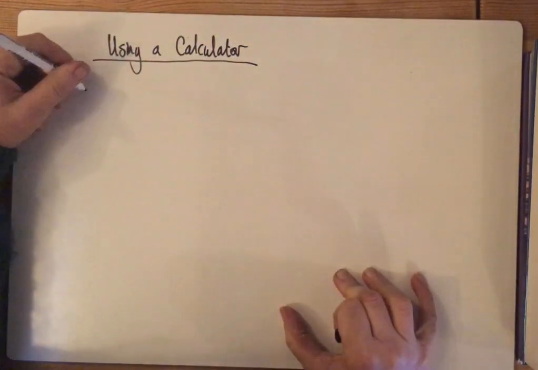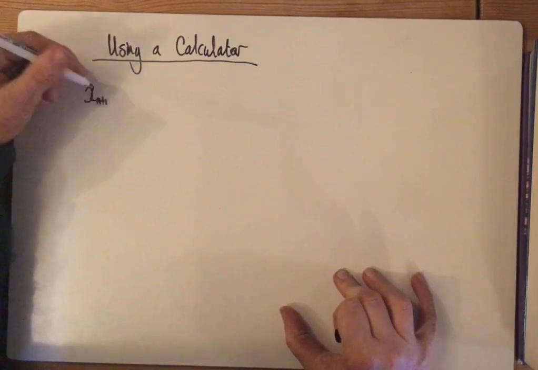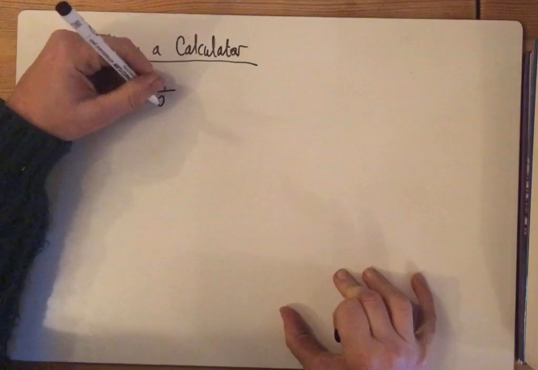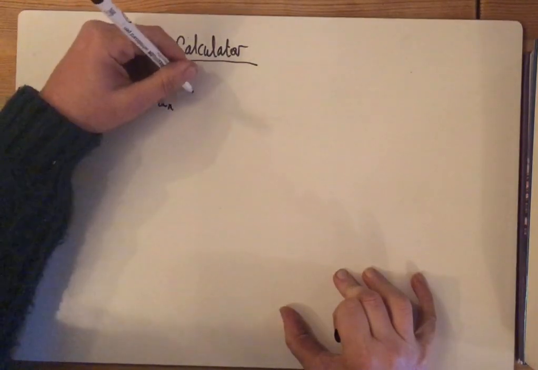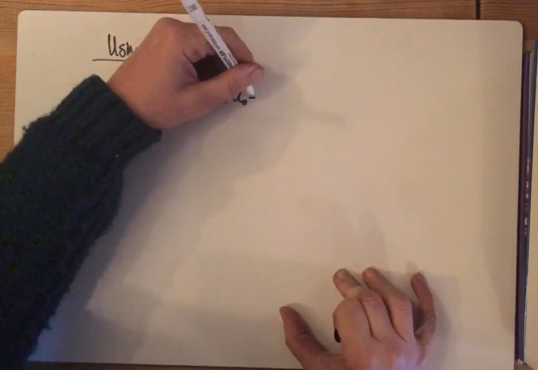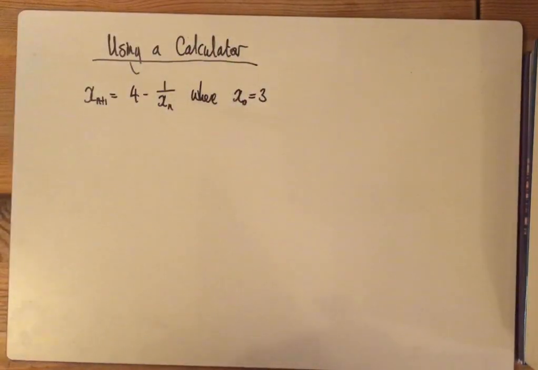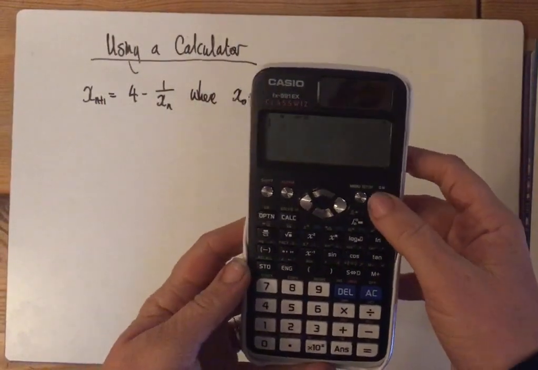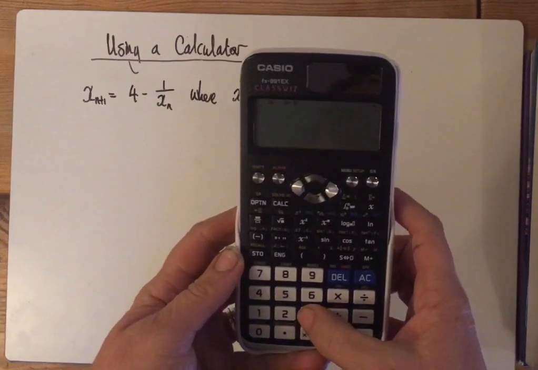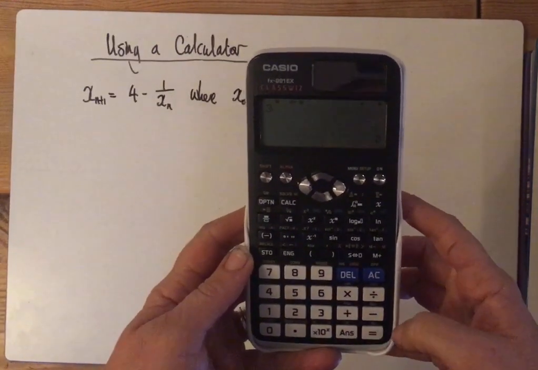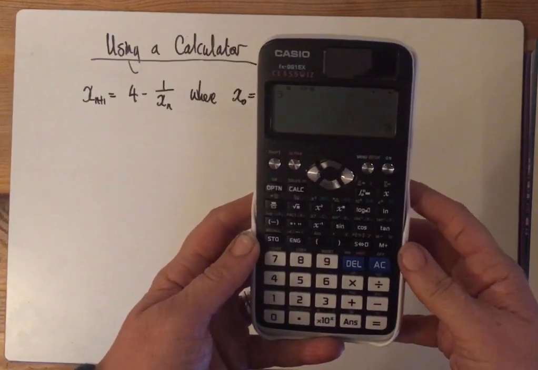If we pick up the one before to start with, and then I'll show you another one as well. I need to put that starting value of 3 into my calculator. Can you see what I'm doing? Hopefully. The way you do that is you press 3 and then equals. So my calculator has now stored that as the answer.